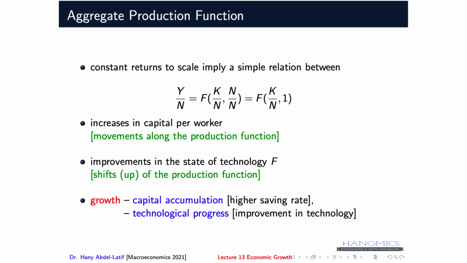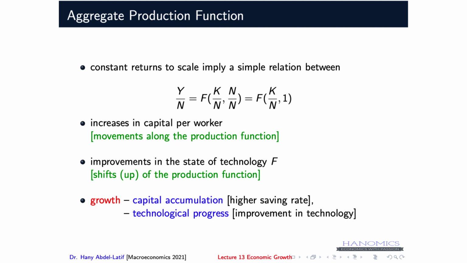But if the state of technology has changed, that should shift the entire production function upward if there was an improvement in technology, or if there was an adverse technology shock, or whatever happened to technology that made it worse for whatever reason, the entire production function should shift downward.